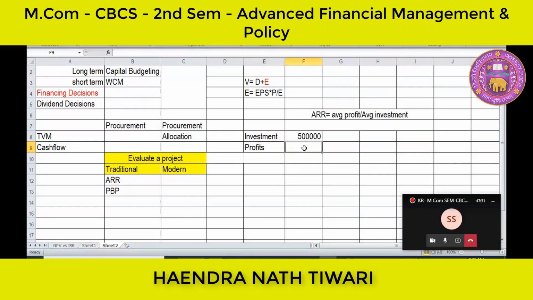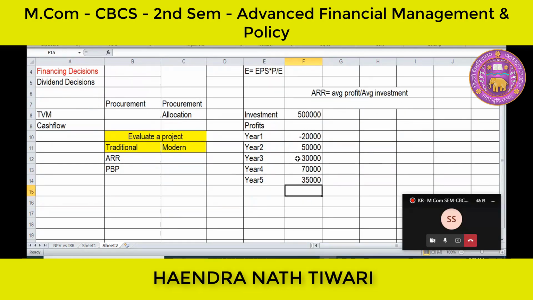The profits that were realized were for the following: year 1, minus 20,000; year 2, 50,000; year 3, 30,000; year 4, 70,000; and year 5, 35,000.